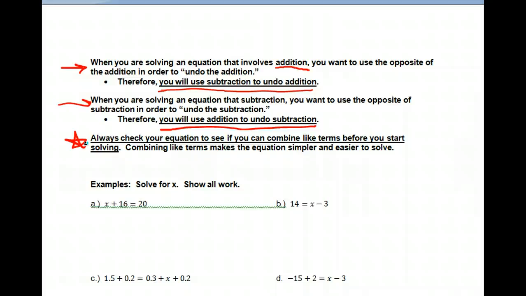The first equation that we have is x plus 16 equals 20. We have addition. To undo addition, we're going to use subtraction. The main rule here for you is that what you do to one side of your equation, you must do to the other. So when you go to undo the addition of 16, we are going to use subtraction. When you subtract it from the left side of the equal sign, you must subtract it from the right side of the equal sign.